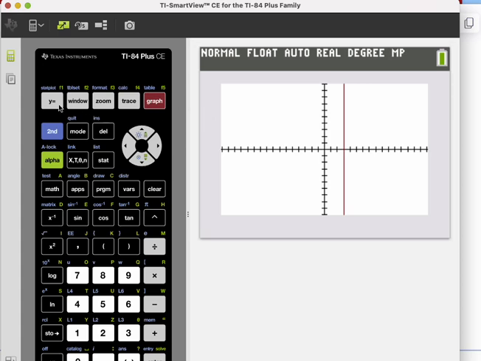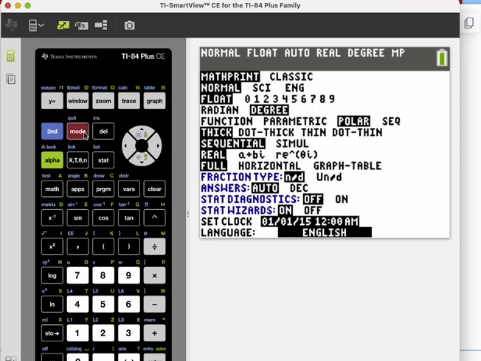All right, so go to mode and change it to parametric mode. The reason that we're going to have a little bit of issues is because radian mode in general is better, but we have to use degree mode because we have degrees in the problem.